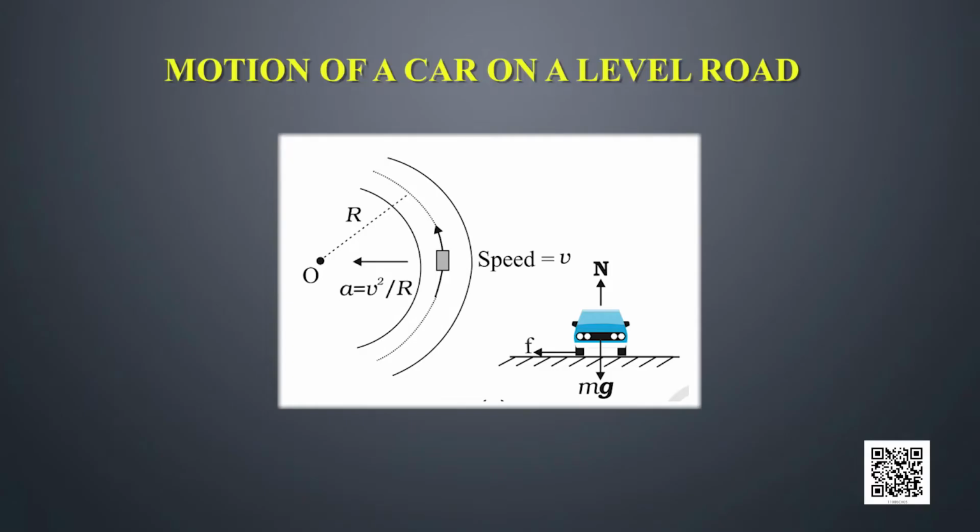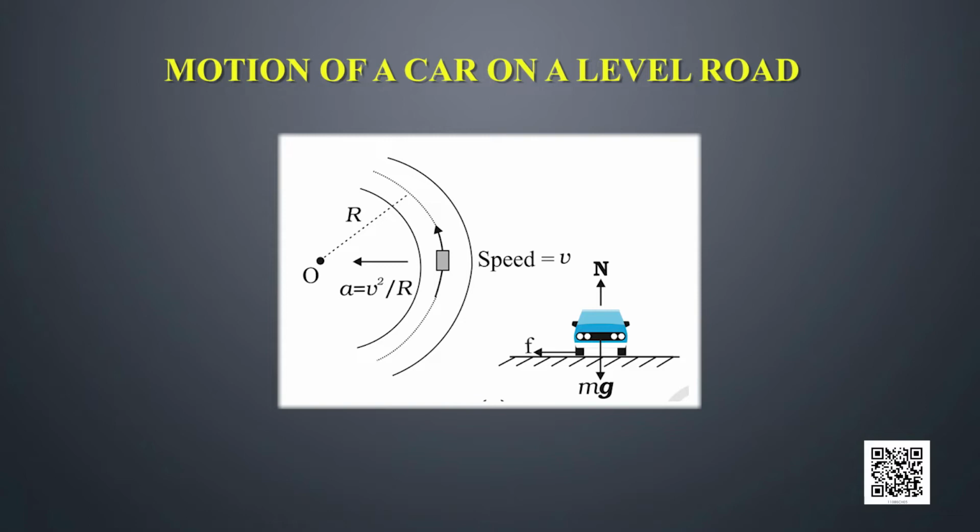Let's now take the specific example of a car taking a turn on a level road. Here in this diagram you can see a car on a level road. R, capital R, denotes the radius of the circular path. The force required for circular motion is mv square over r.